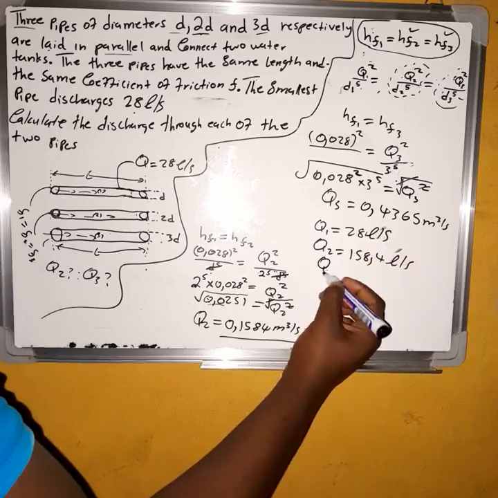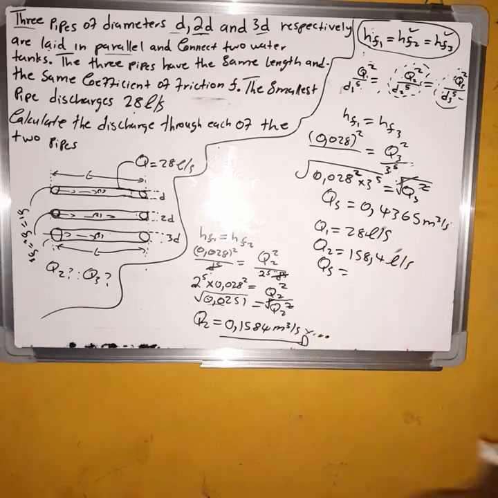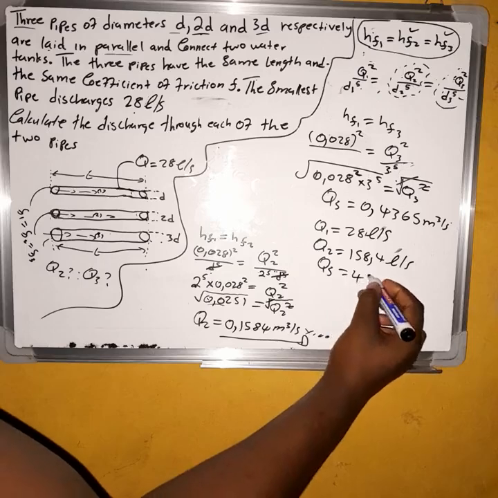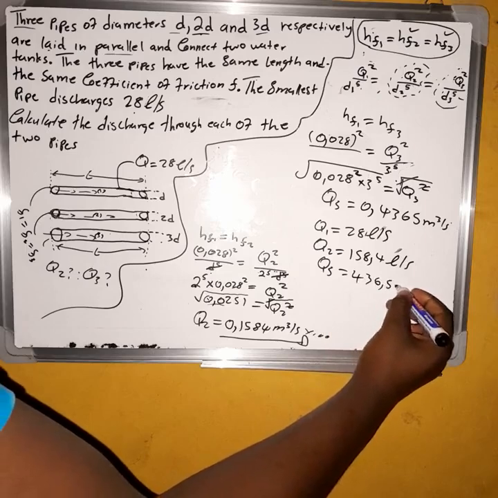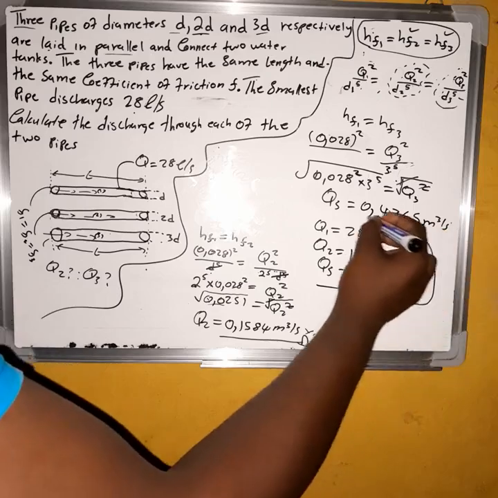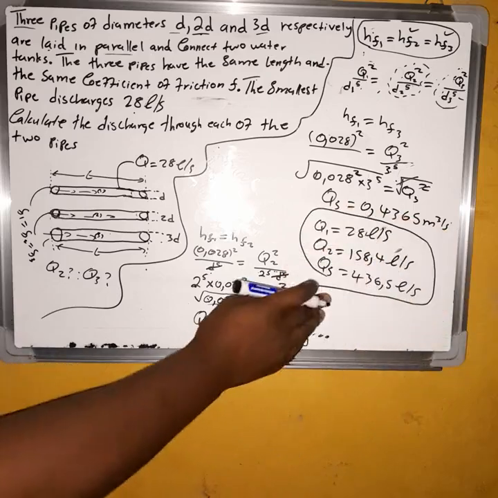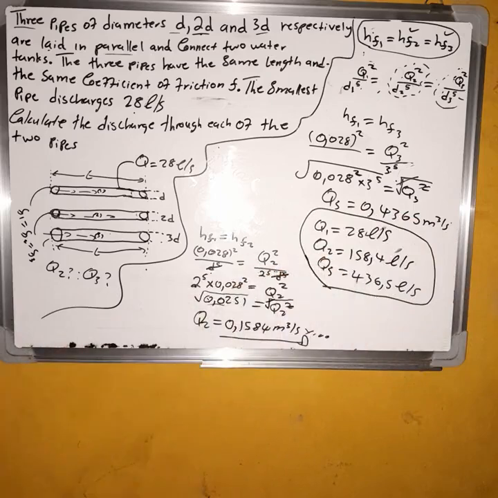Then Q3, multiplied by 1000, will be 436.5 liters per second. Then this is your answer here. You're done with this question. You've just completed it.